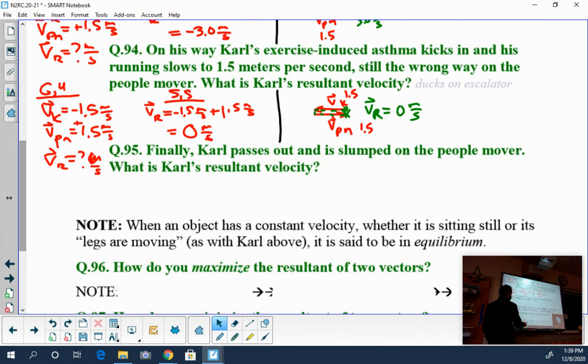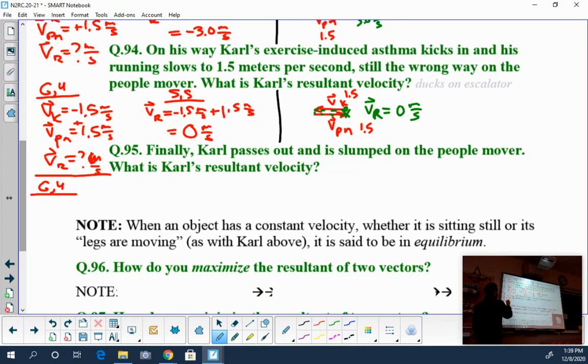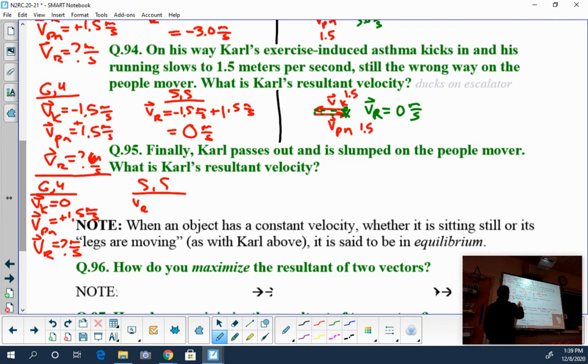Last question. Finally, Carl passes out and is slumped on the people mover. Poor Carl. He just wanted his passport. What's his resultant velocity? So Carl's own leg speed's at 0. The people mover, no sympathy, is still at 1.5. Of course, you run this thing, you can tell the resultant velocity will be just the people mover.